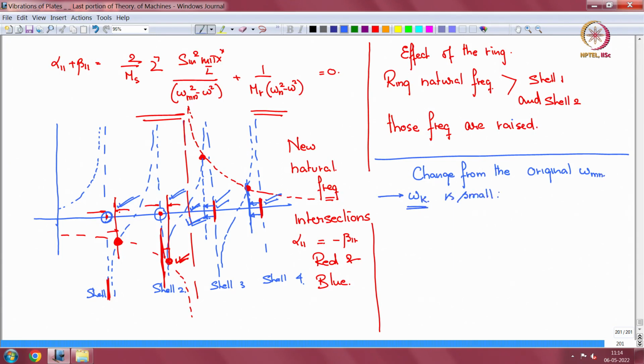Okay. Then at omega k, the 1 over omega mn square minus omega k square alone dominates.